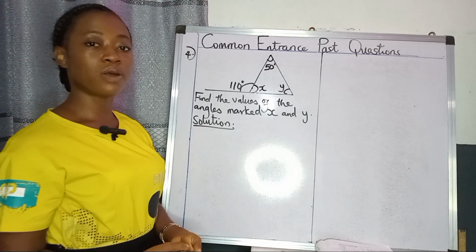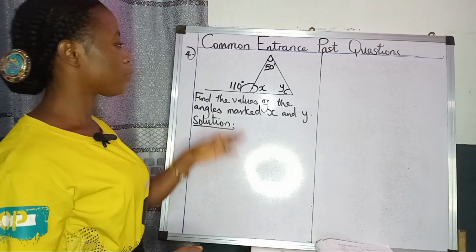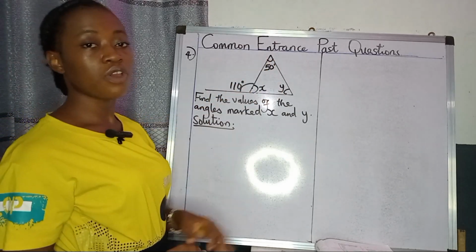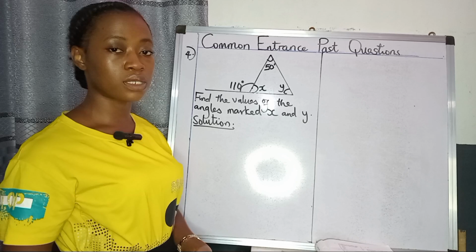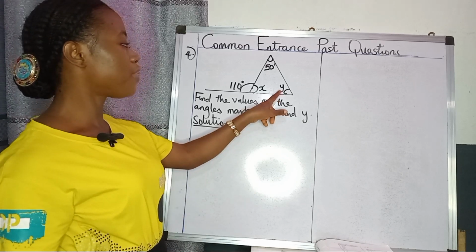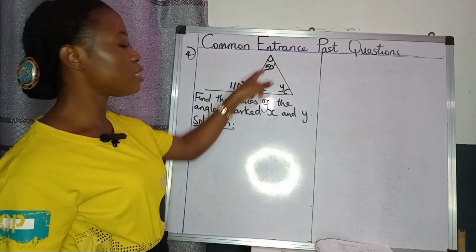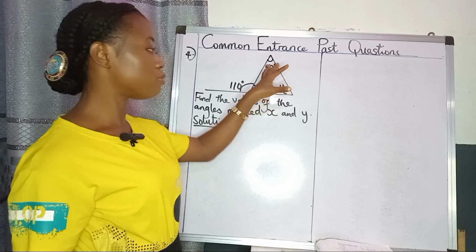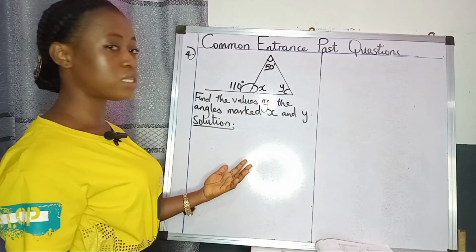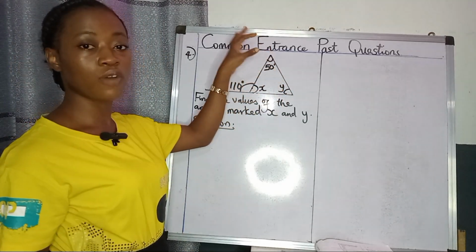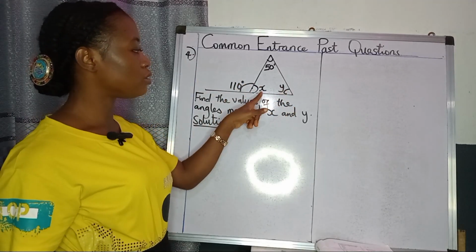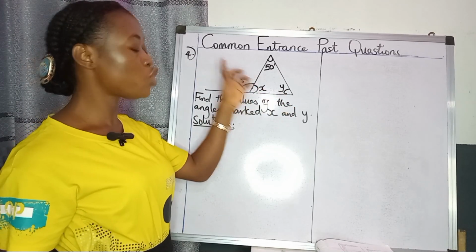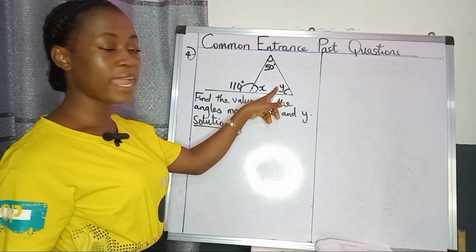Now, talking about angles, the sum of the interior angles of a triangle is equal to 180 degrees. But I cannot find x and y using the sum of the angles in a triangle for now. The reason is this: I have just one part of the angle in this triangle. So I need to first of all find x before I'll be able to use that method to find my y.